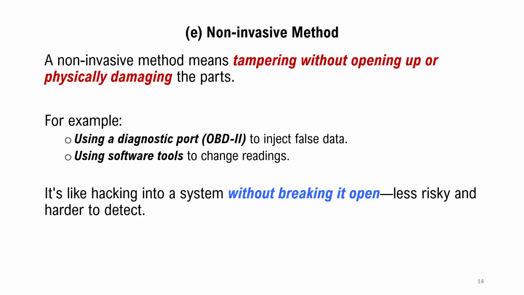Non-invasive method means tampering without opening up or physically damaging the parts. For example, using a diagnostic port to inject false data, using software tools to change readings. It is like hacking into a system without breaking it open, less risky and harder to detect.